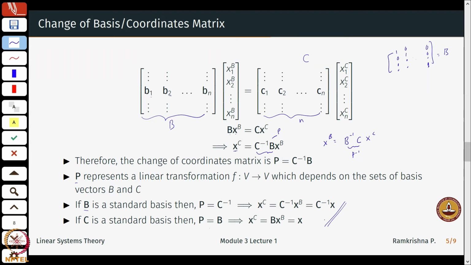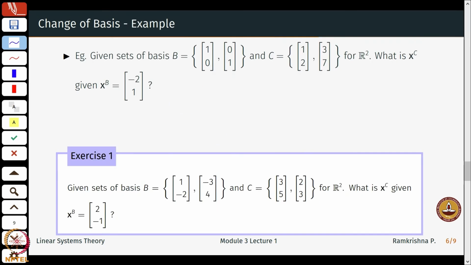So, what we understood is how to go from one basis to another basis, and this will be useful a lot. It will also help to memorize that such things happen. And again, this transformation f from V to V has a matrix representation P.